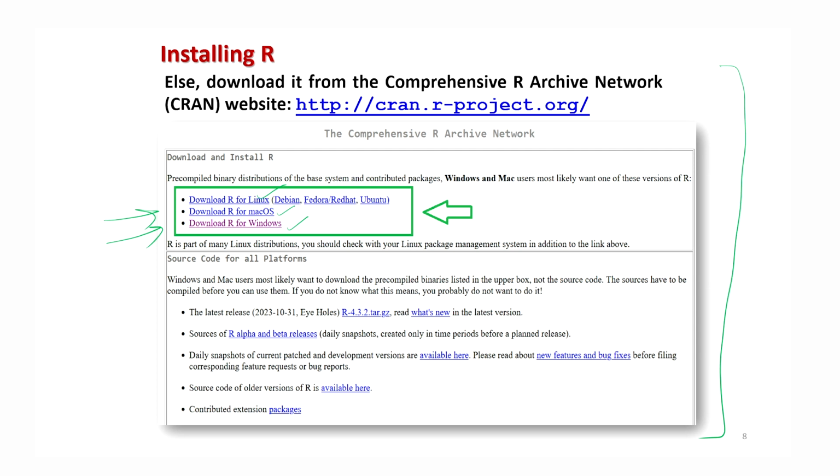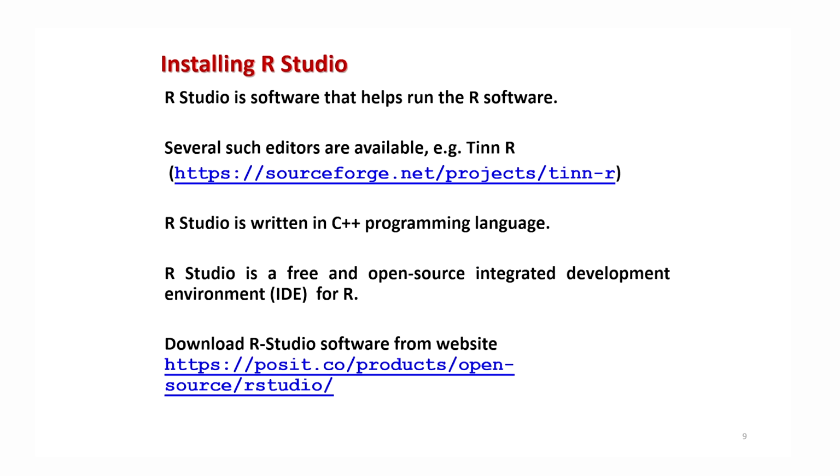You simply click over this file, and it will install the R software on your computer, right. So now this R software is available on your computer. After this, you have two options to work. You can work directly inside the R console, or you can use some other software which provides you a helping hand to work in the R software.